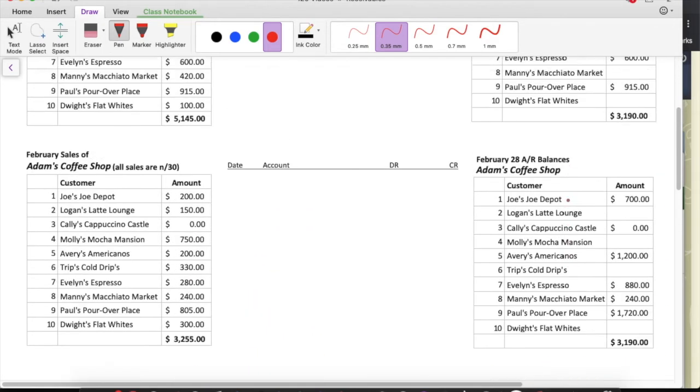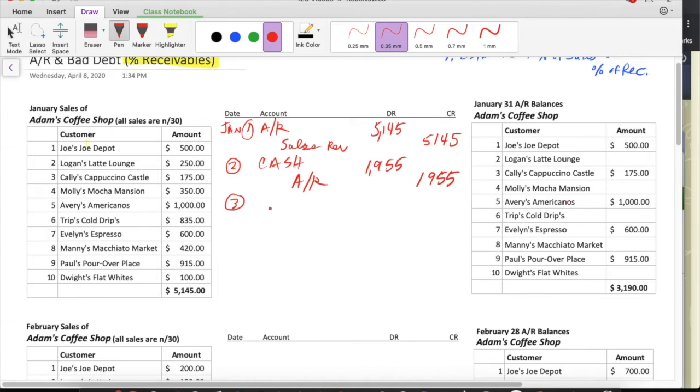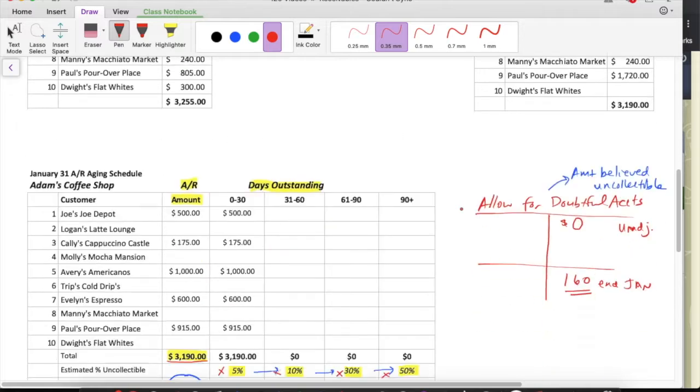So we're going to scroll back up to our journal. My journal entry here would be bad debt expense $160, and allowance for doubtful accounts, I'm going to abbreviate it, for $160. And that's where I'd finish January.